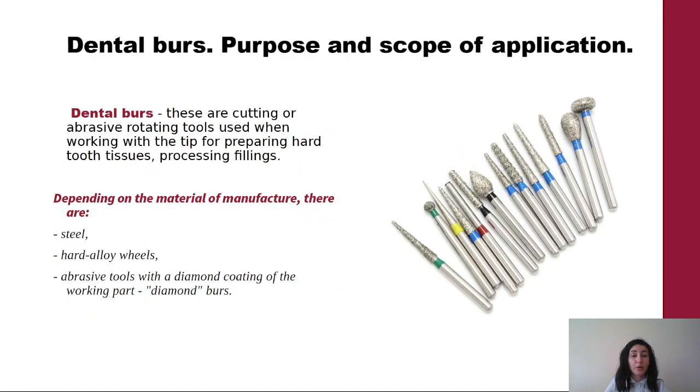Dental burrs, purpose and scope of application. Dental burrs are cutting or abrasive rotating tools used when working with the teeth for preparation of hard tooth tissues and processing fillings. Depending on the material of manufacture, there are steel burrs, hard alloy burrs, and abrasive tools with a diamond coating of the working part, diamond burrs.